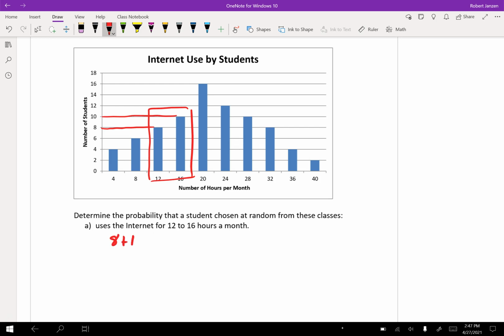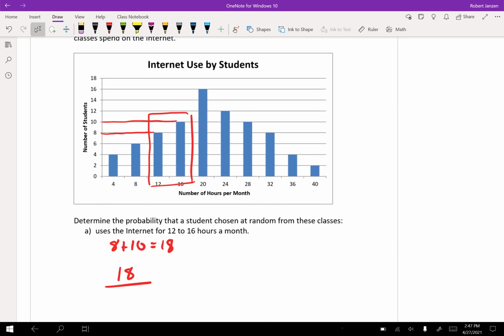So we're going to go 8 plus 10. This is 18. So we have 18 out of, well, how many are there in total? We need to add up all of these numbers. Sorry, that's how many hours. It would be 4 plus 6 plus 8 plus 10 plus 16. This one is 12 plus 10 plus 8 plus 4 plus 2.